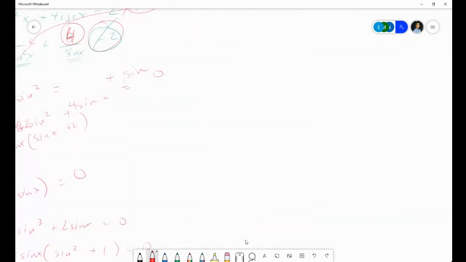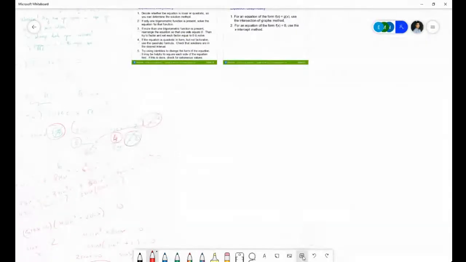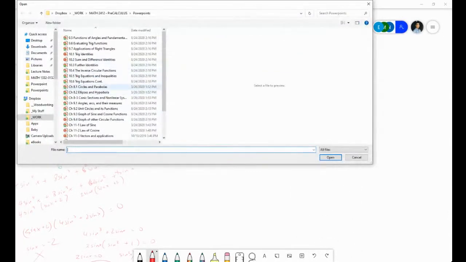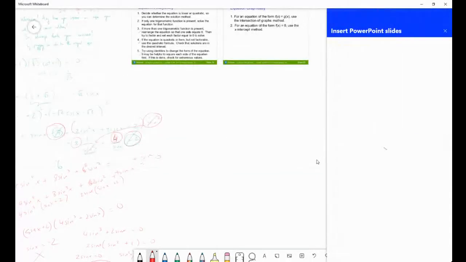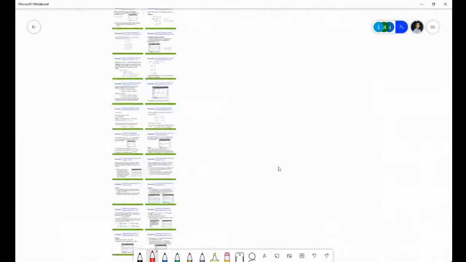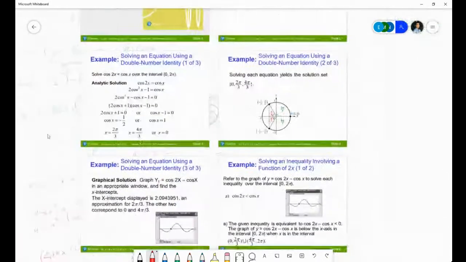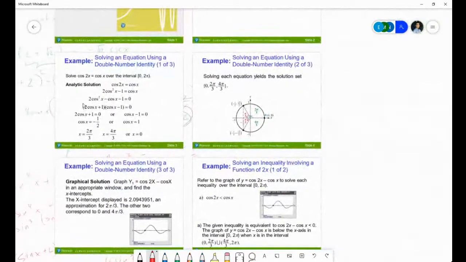Let's look at, yeah, we have time for the last section as well. Okay, so this is pretty much the same thing as we've been doing.